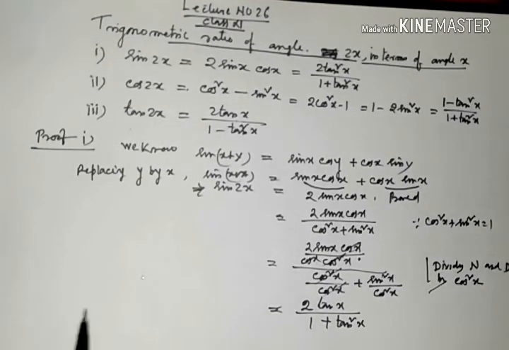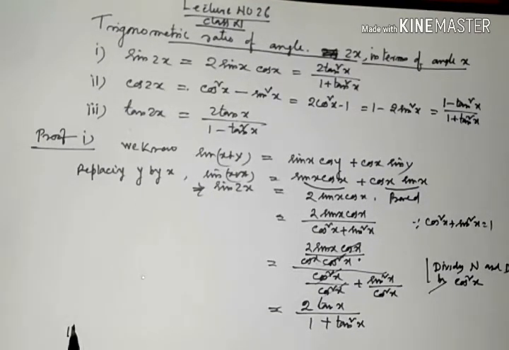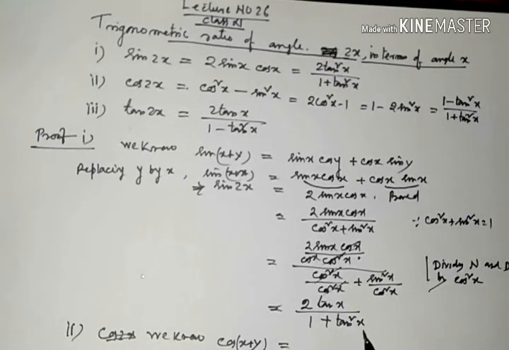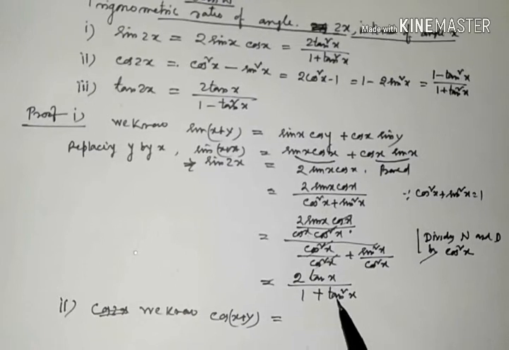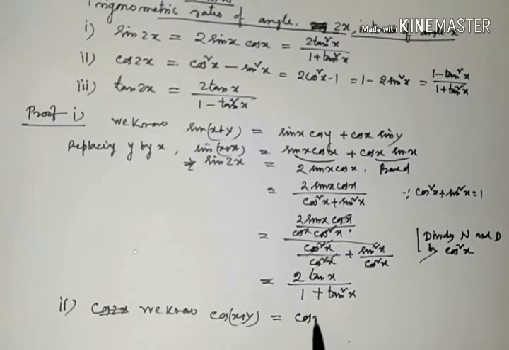Now we prove number 2, that is cos twice x. We know cos of x plus y is equal to cos x cos y minus sin x sin y.